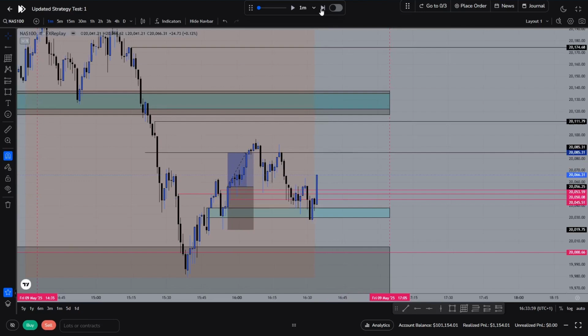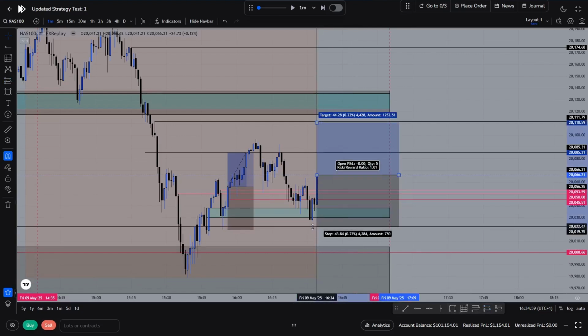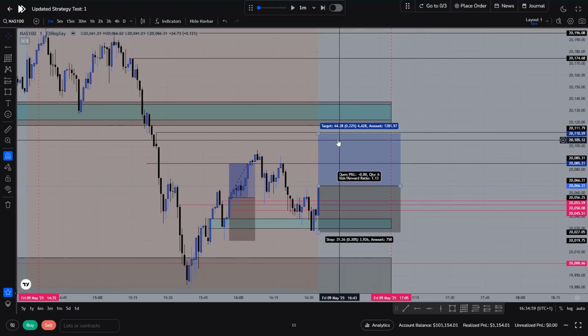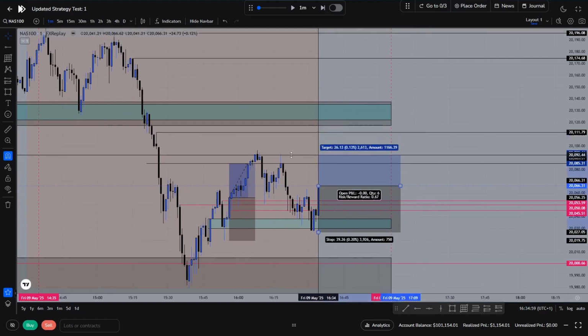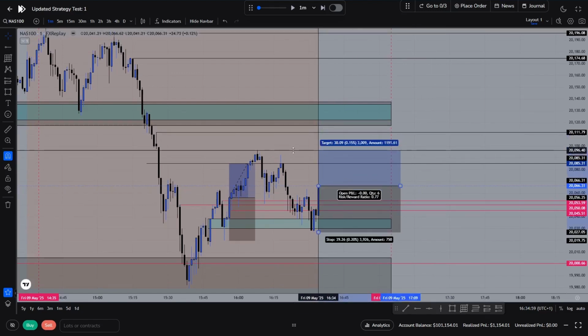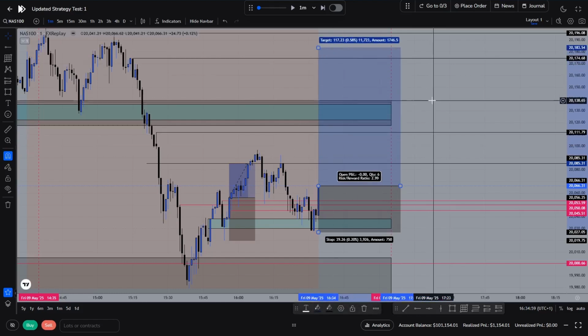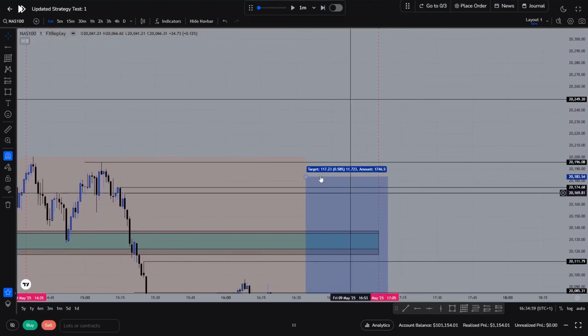That's a breaker structure, is it not? I'm not gonna enter, but I could if I wanted to. It's very tempting.